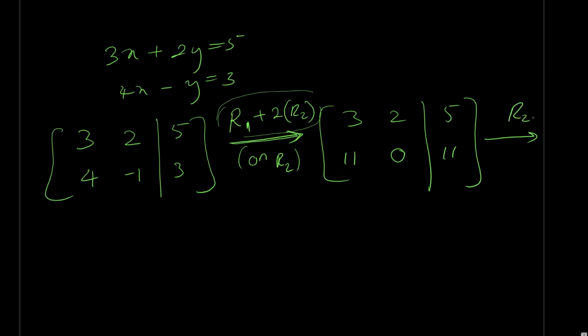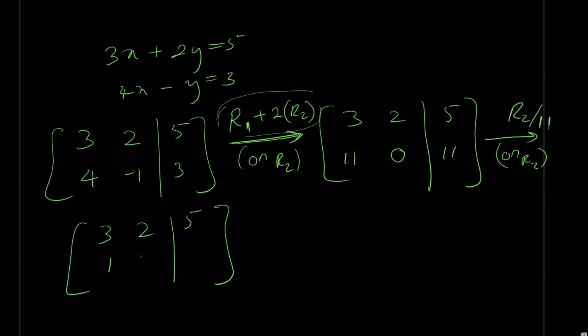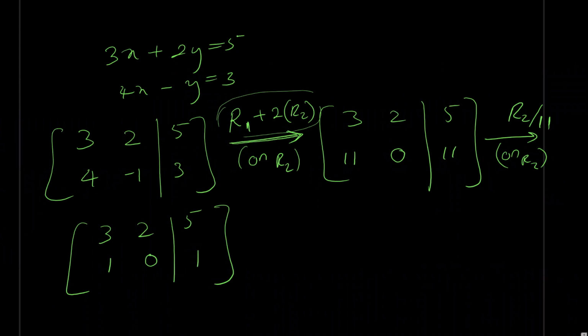And then at this point, I would like to R2 divide by 11 and keep that result in the same place on R2. So I don't do anything to my first row. 1, 0, 1, right? Now, at this point, actually, if somebody wants, you can stop, because now it's clear x equals 1, because see, here 1, here 1.